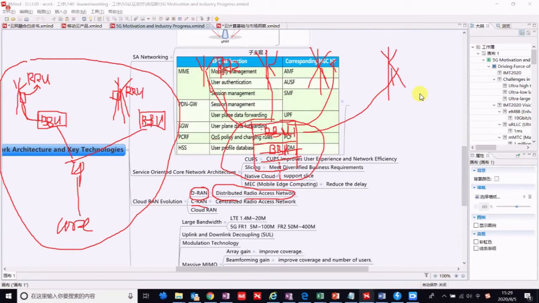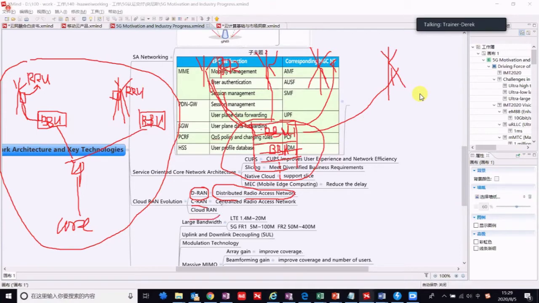But for CRAN, it doesn't need much equipment room. We just need more optic fiber to connect with the RRU. Operators may use this mode to deploy base stations, and it can reduce the cost.